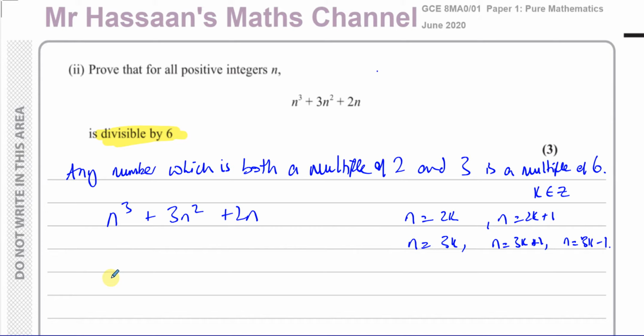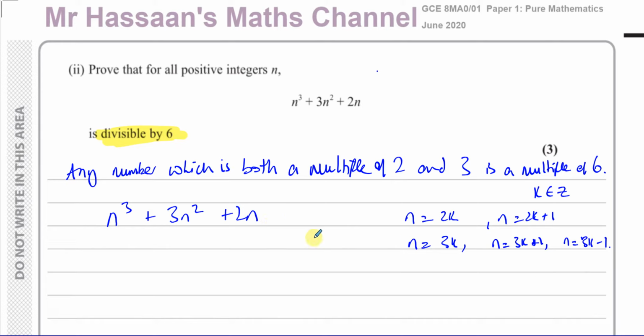So they're all multiples of 3. So then you prove it for all multiples of 2 and all multiples of 3, and you have then proved that this is always divisible by 6, because for all possible values of any integer, this will always be something which is a multiple of 2 as well as a multiple of 3.